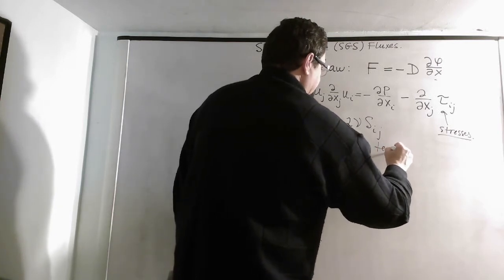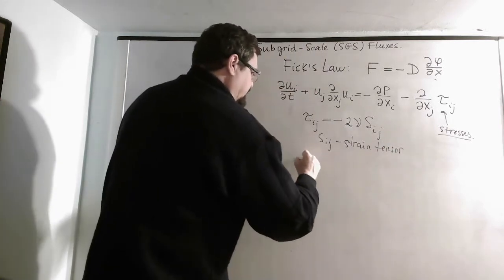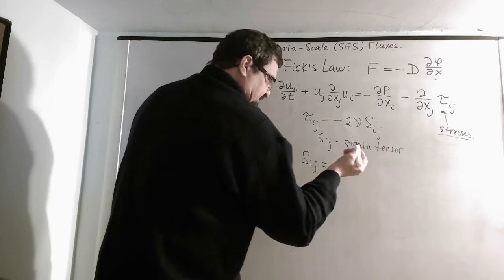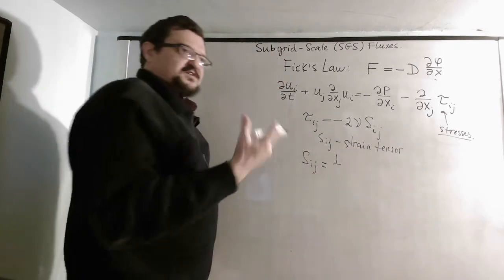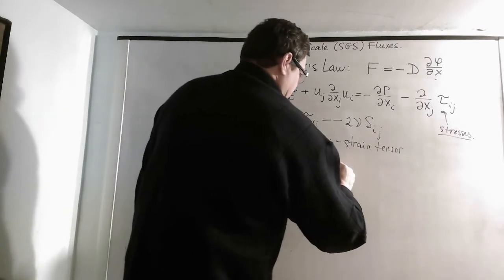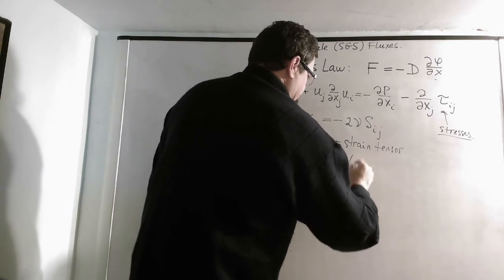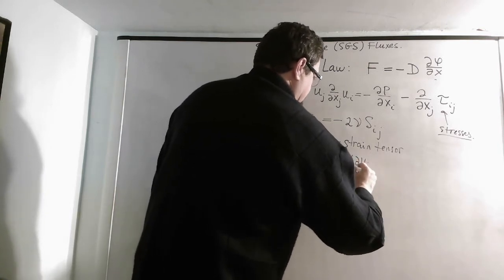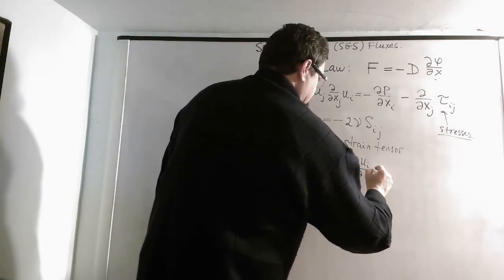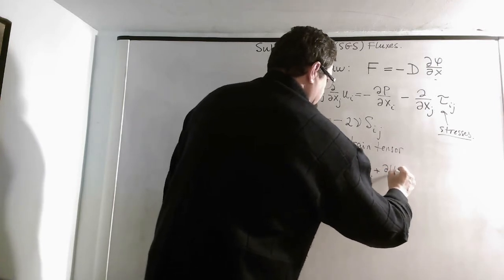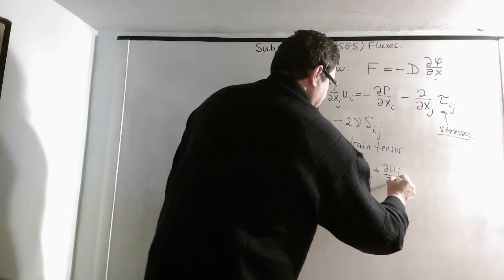It's basically a matrix that has the following form, which becomes 0 for solid body rotation: Sij equals 1/2 (dui/dxj plus duj/dxi).